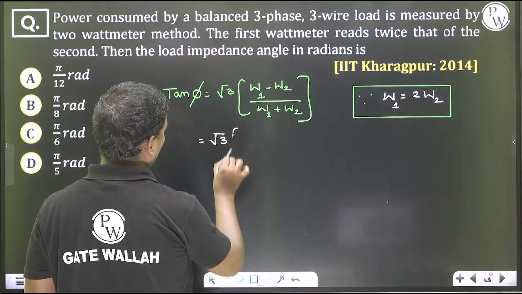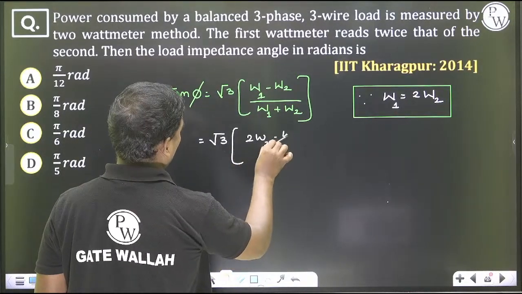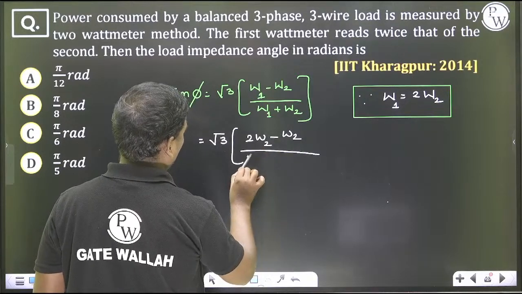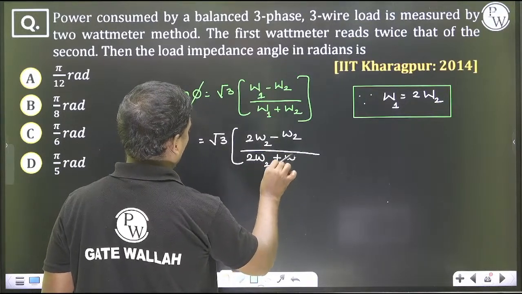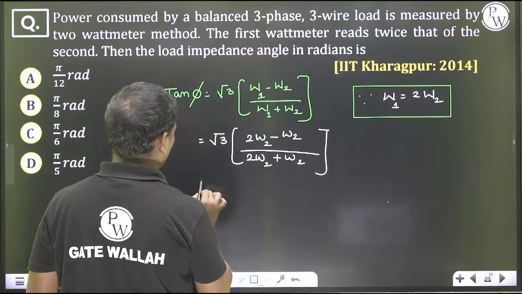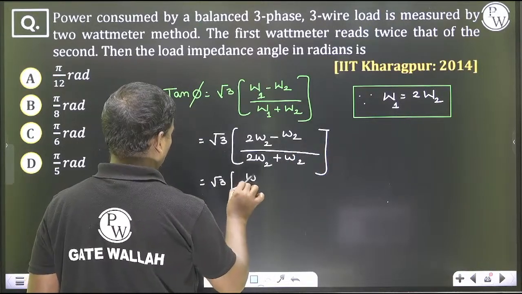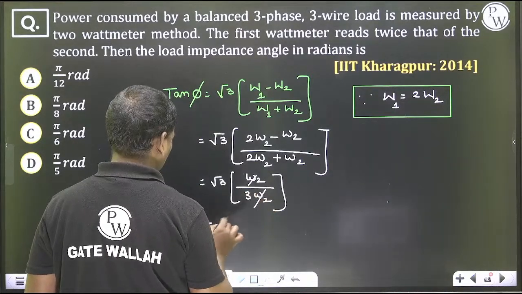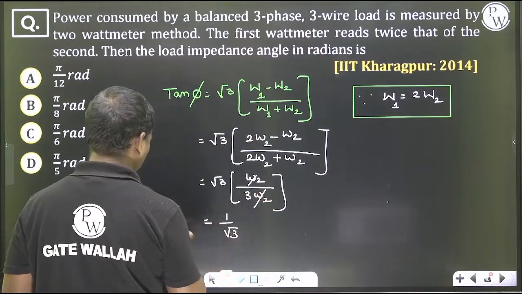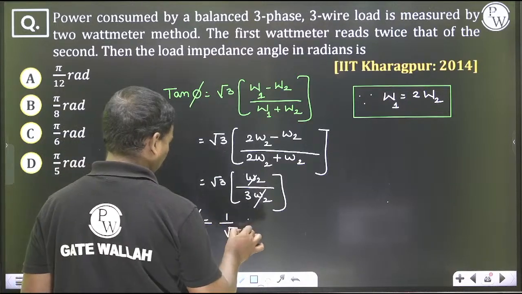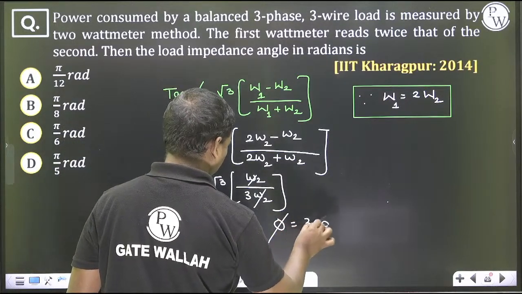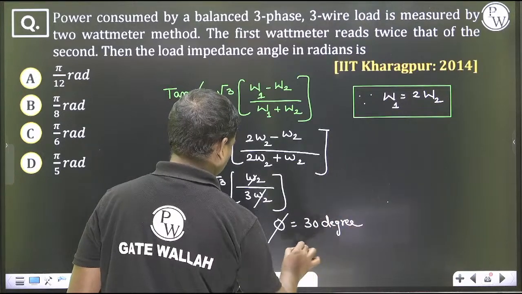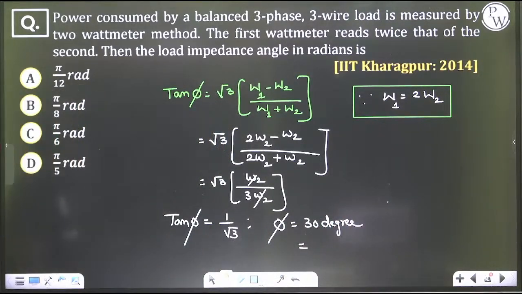So this is root... 30 degrees. You have to convert into radians.